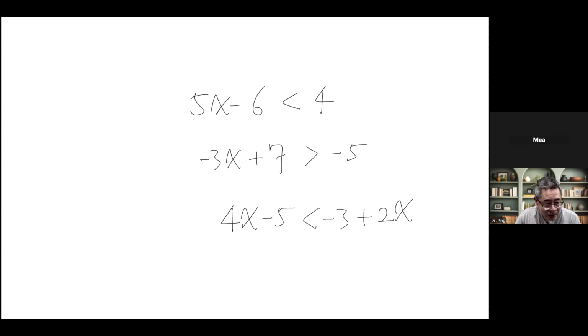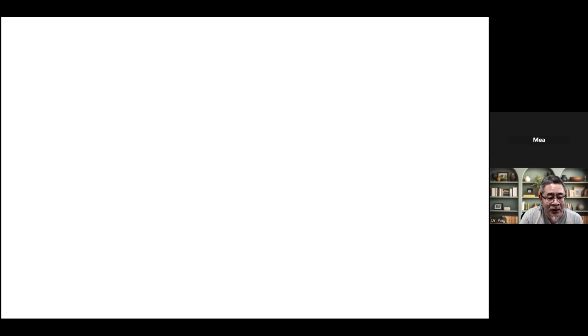We have 10 basic rules for the operations, addition and multiplication.